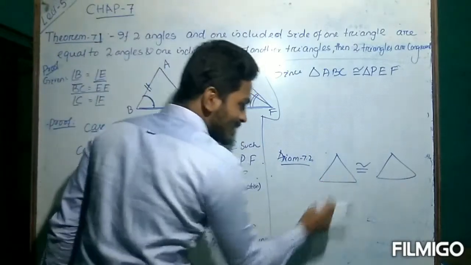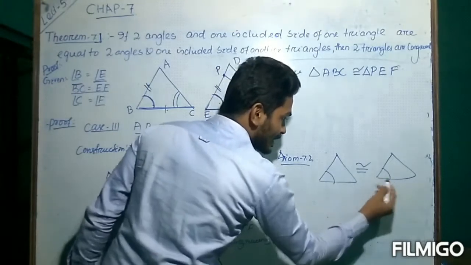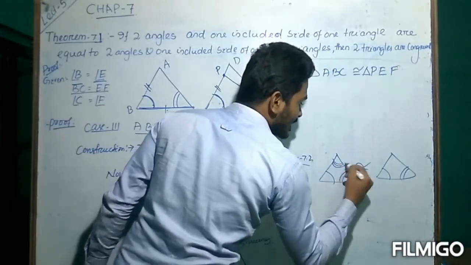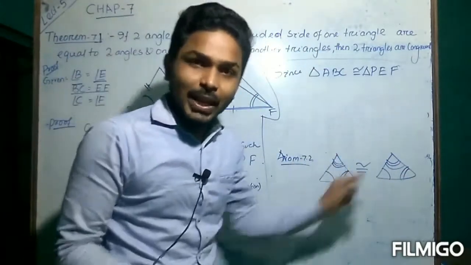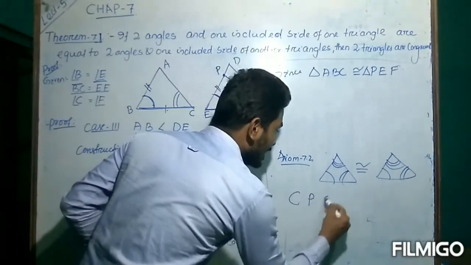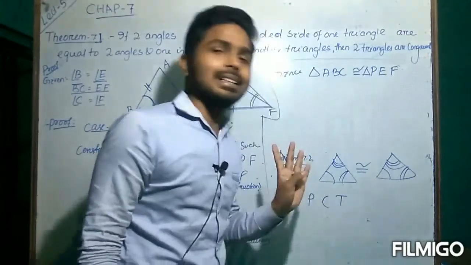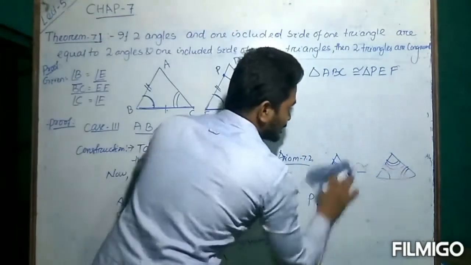It means if this triangle is congruent to this triangle, then this angle is equal to this angle, this angle is equal to this angle, and this angle is equal to this angle. The corresponding angles will be equal. This is known as CPCT, corresponding parts of congruent triangles. Clear? So this is applied also here.